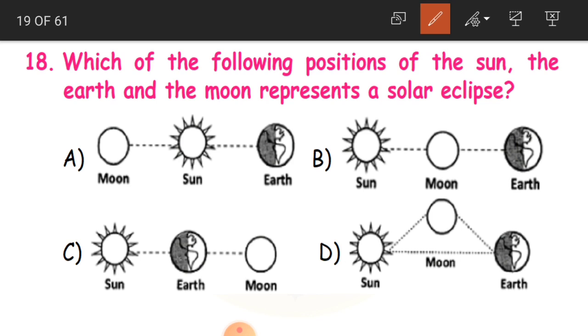In A, you have moon, then sun, then earth. This is wrong. Again sun, moon and earth, yes, this is right. The sun, with the moon in between, then the earth, all in a straight line. So this position represents a solar eclipse. So B is the correct answer.